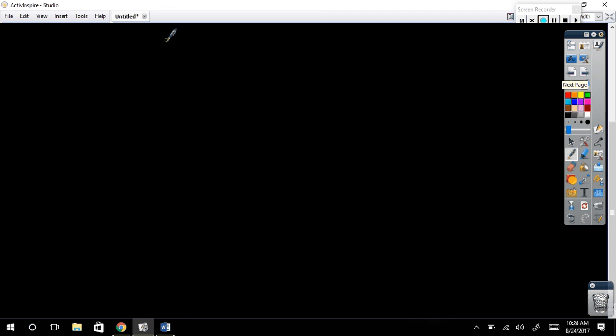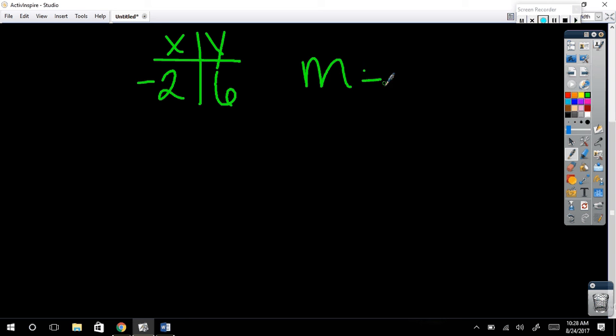Let's say I had the point, and let's make this one negative, okay? And I told you that the slope was 1/2. If I want to write an equation of that line that goes through the point -2, 6 and has a slope of 1/2, think about point slope form, okay?